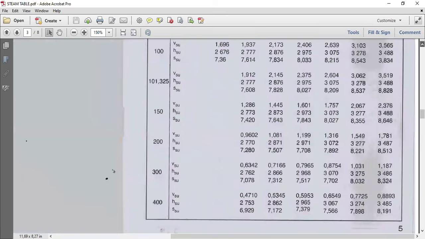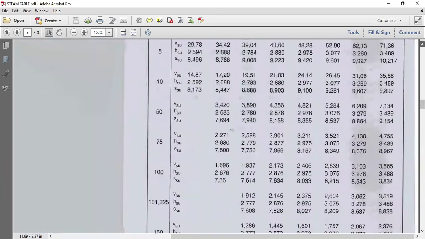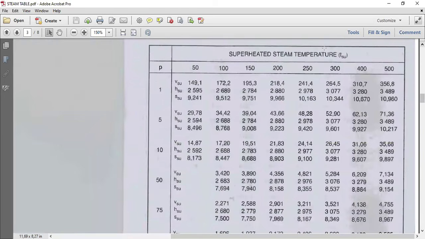They show you the temperature, I want you to see this information. They show you the superheated steam and also the pressure. So what I'm saying is, as we are given there, remember our pressure is 1,500 and our temperature is 250.